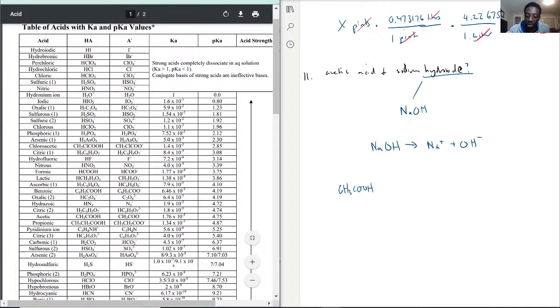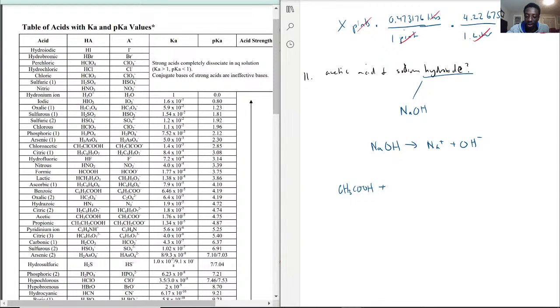So we usually denote by this formula of CH3COOH plus water. Okay. The key thing here is this arrow, because there's not a complete dissociation. It can go back and forth till we have CH3COO- plus H3O+.